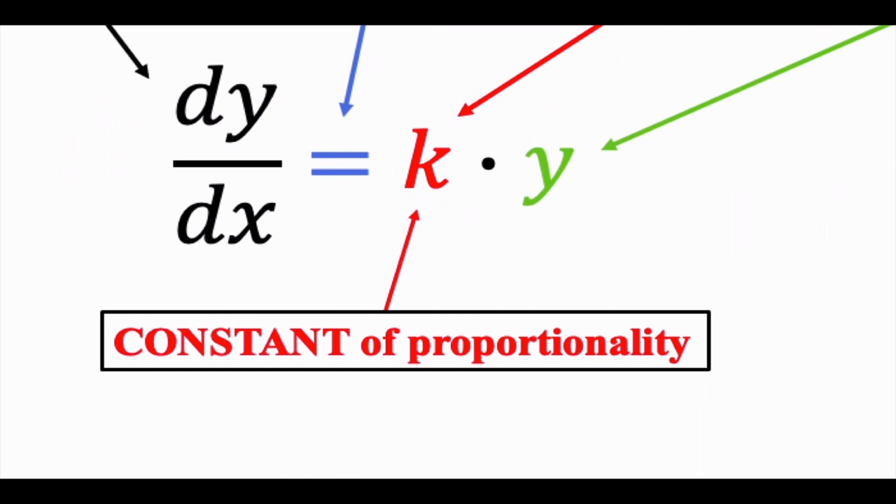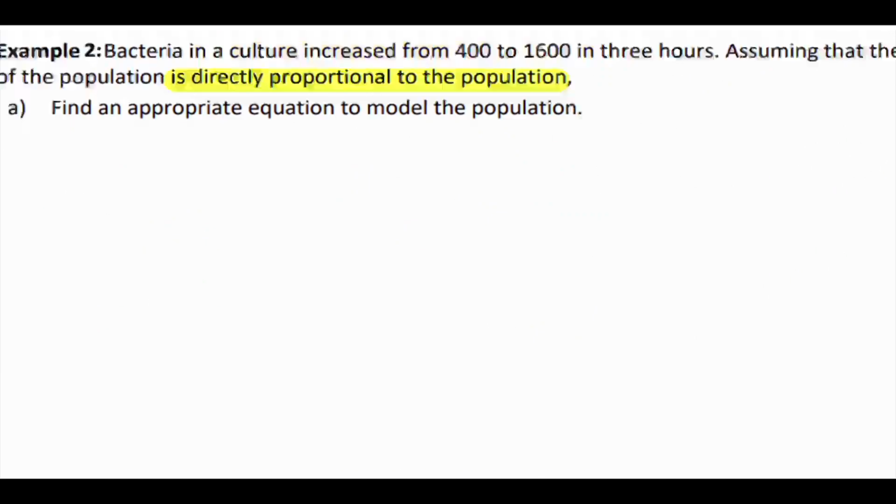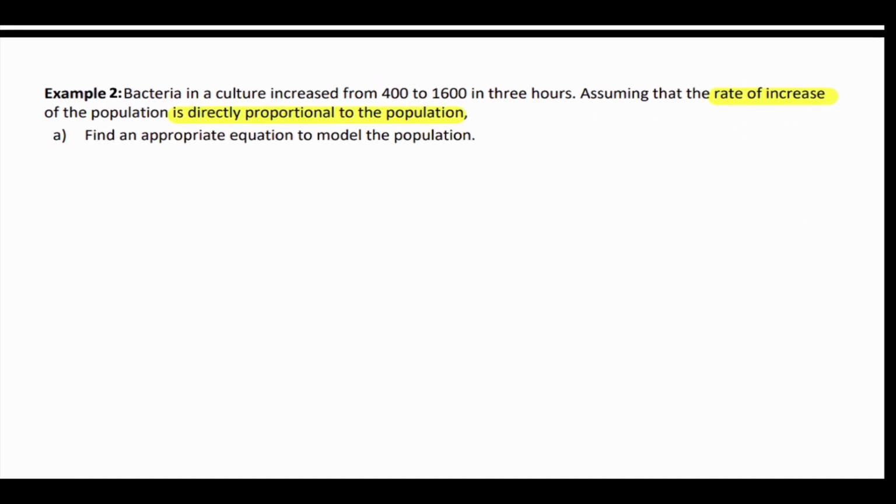Time, right? And population. It's growing over time. More than 99% of the time, if there is time involved, it's going to be the independent because we can't control time. Population is the dependent.